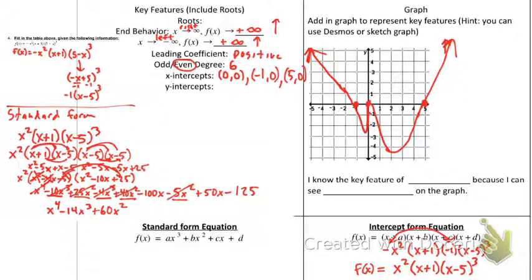Cross them out. Now we're here, x and x. So we have negative 100, positive 50, that's negative 50x. Cross them out, and if you kept everything organized, we can now bring down the negative 125.